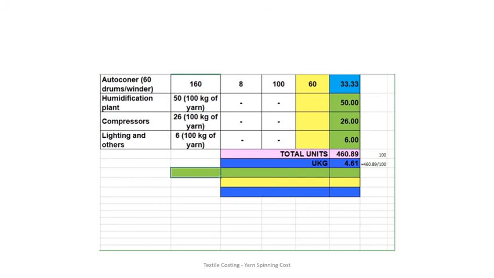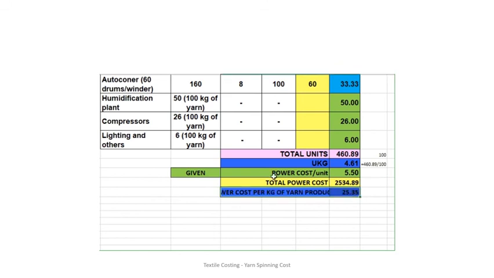Then we have one more given data, the power cost per unit. The power cost per unit is given as 5.5. I think it is 6.5 now, but for calculation purposes we are using 5.5. So the total power cost is total units into power cost per unit: 460.89 into 5.5, which is 2534.89.